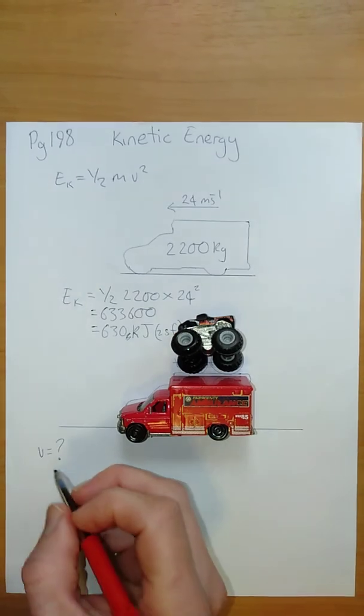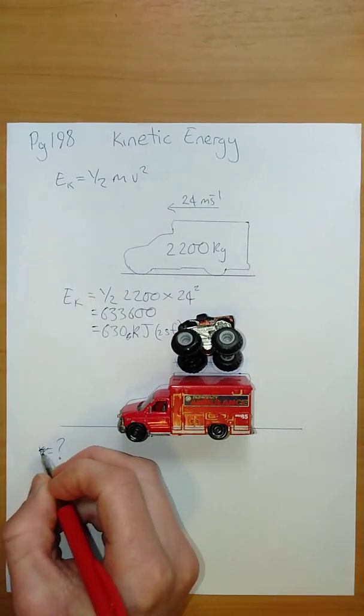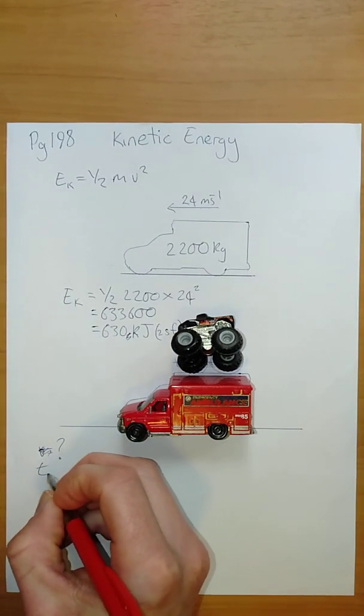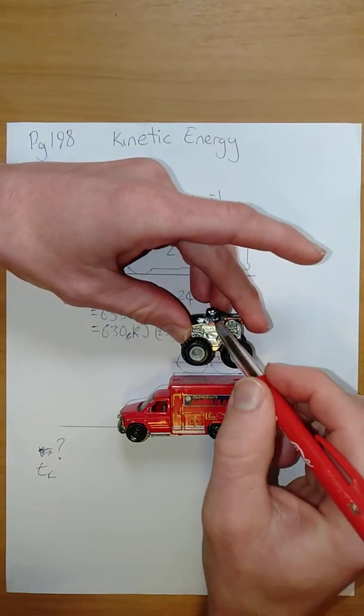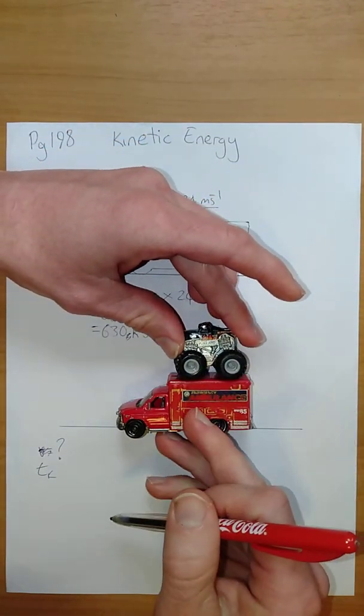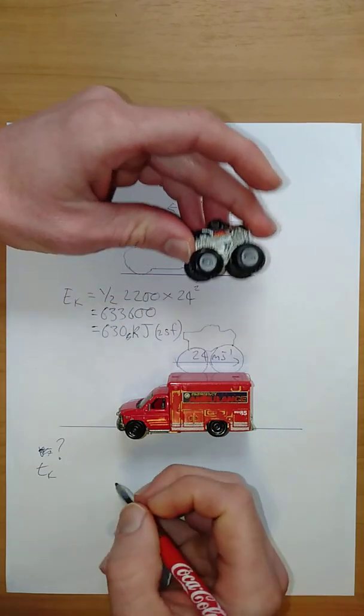We'll need to find out the kinetic energy of the system here. So we've got to include the mass now of the monster truck, because it's also sitting on top and it's also traveling at 24.